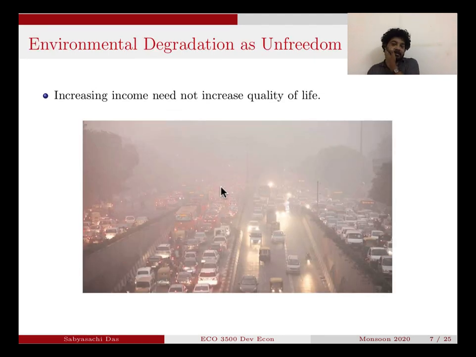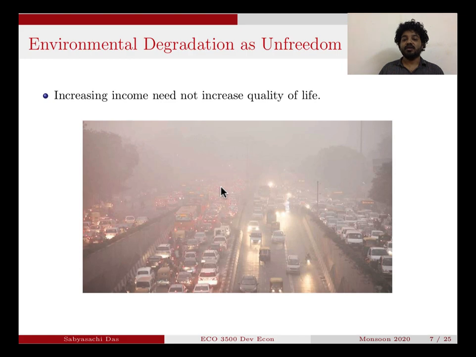And finally, environmental degradation is kind of one big unfreedom. It is a societal level unfreedom, but it has manifestations or implications at an individual level. So, this is the image of a typical winter in Delhi for the past few years.